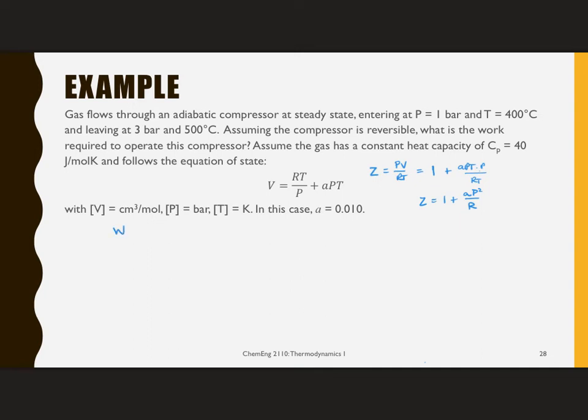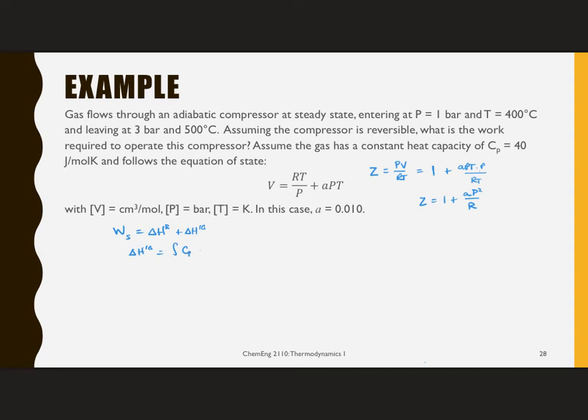Now, I want to figure out the work. Work for this reversible, adiabatic, therefore isentropic compressor is going to be delta H for the residual plus delta H for the ideal gas. Delta H for the ideal gas portion is really easy.